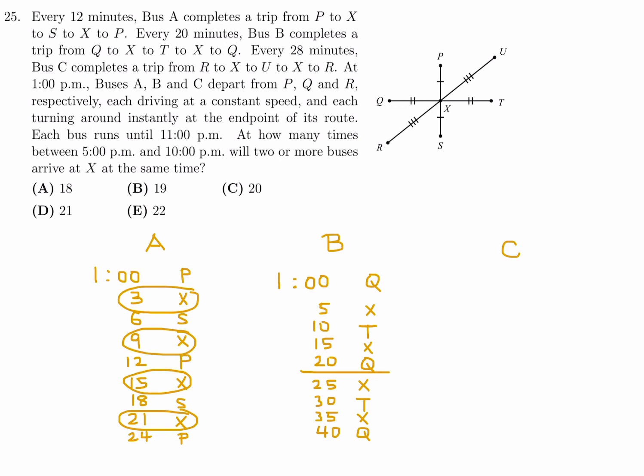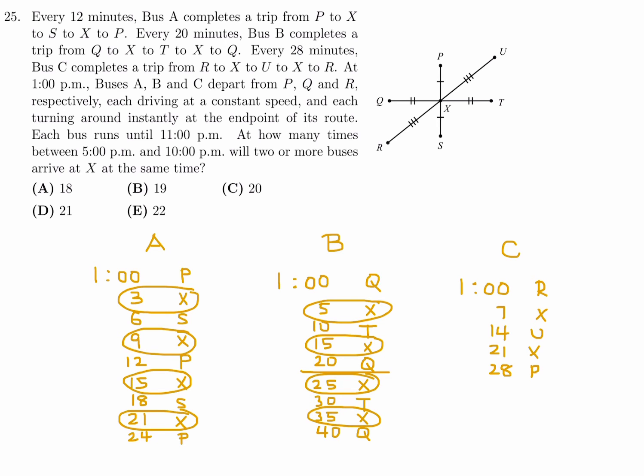So here, as you can clearly see, you start at 5 minutes, but then every 10 minutes after that, you're going to be back at X. Same story for C, slightly different numbers though. This time it's R, XU, XR. And then it's 28 minutes every 7 minutes. So 7, 14, 21, 28 is your R, XU, XR.